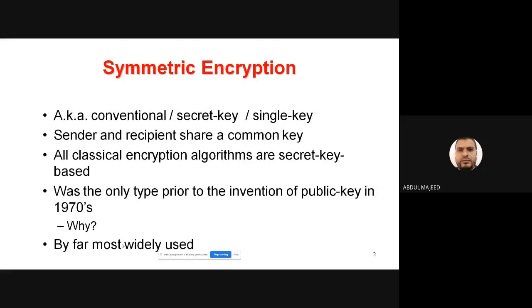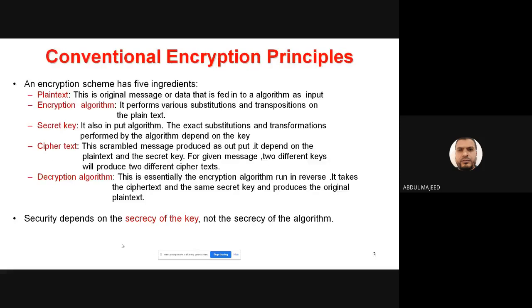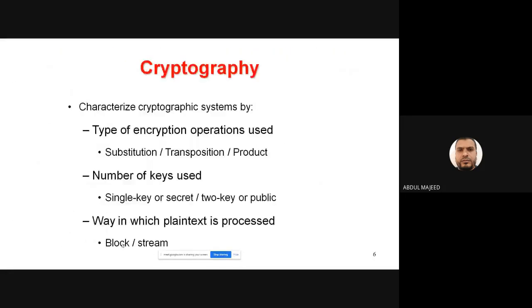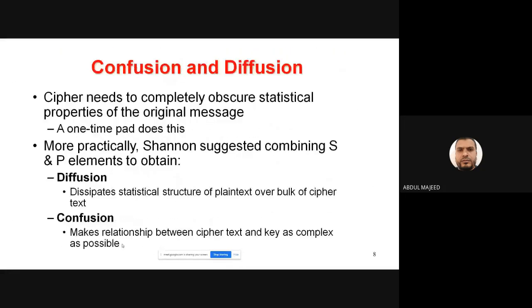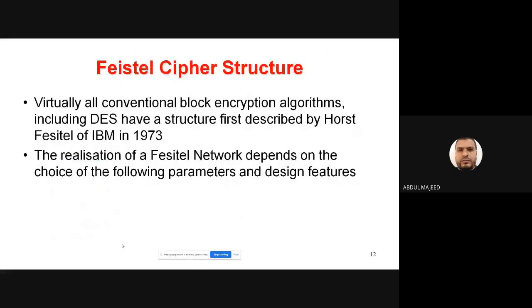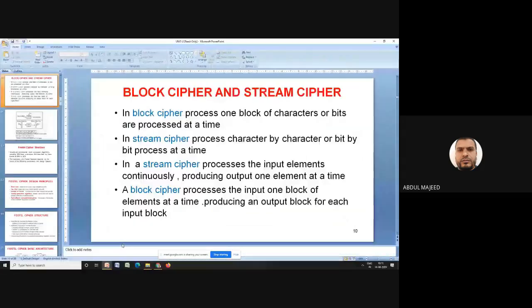Asymmetric means two keys are being used for the encryption and decryption process. Okay, and by far the most widely used encryption technique is symmetric. Anything else from here? No. Okay, so we will move to some other document.